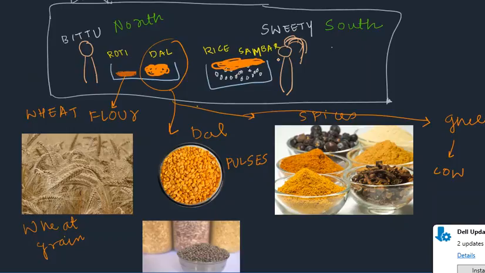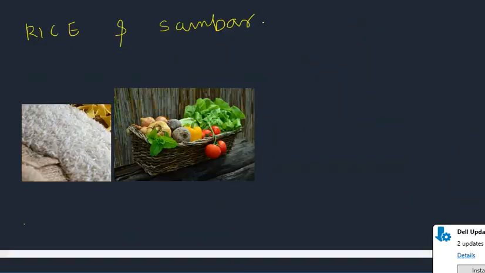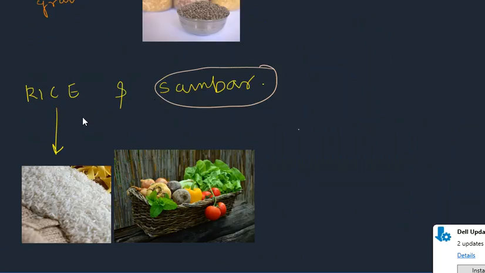Now you look into Sweetie's food. Sweetie was having rice and sambar. Now let's look at the basic sources. Rice and sambar: first, it consists of the rice grain, which is usually a grass.